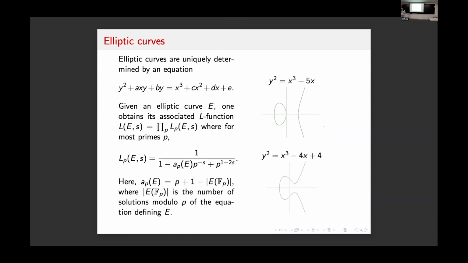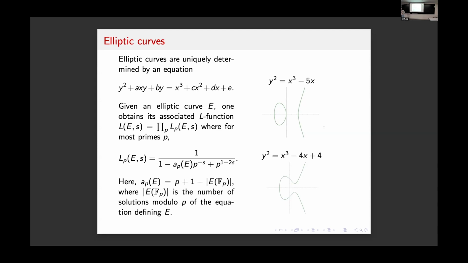There are many ways to think about elliptic curves. Probably the most down-to-earth way to think about them is that they are given by this nice cubic equation in x and y. And here are some examples of elliptic curves, well, mostly over R. And given an elliptic curve, you can obtain an L-function the following way.